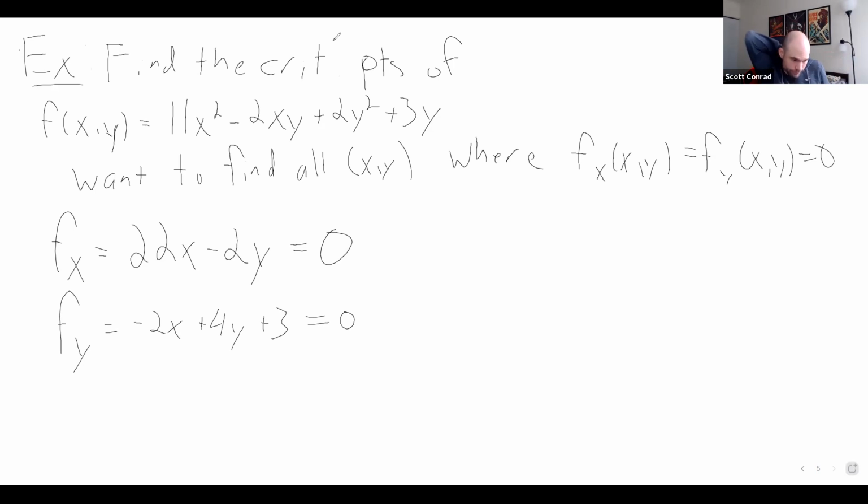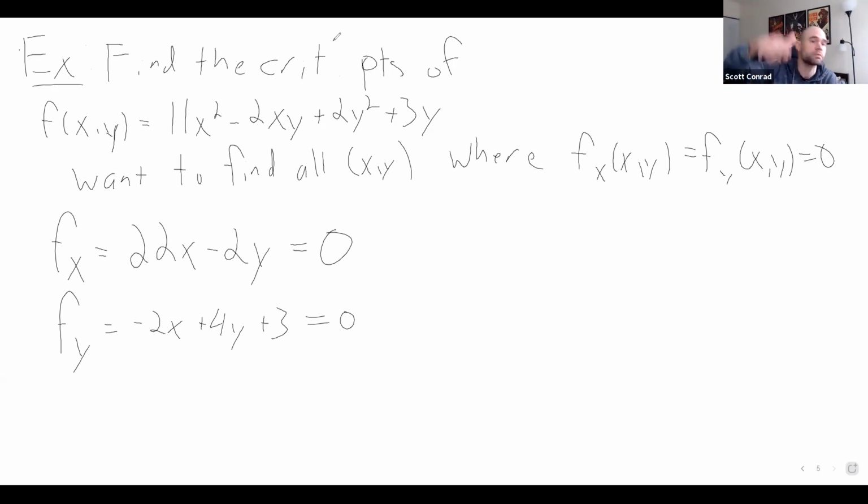Okay, so there are lots of different ways you could solve this, but usually it comes down to one of two things. For each equation, it'll either involve just one variable and you can solve for that variable directly, or you can get a relationship between the two variables in that equation.